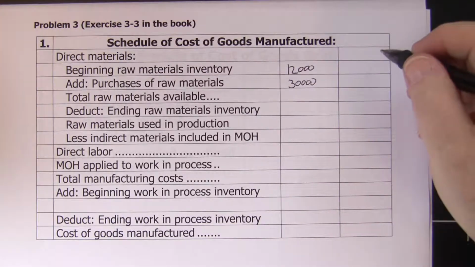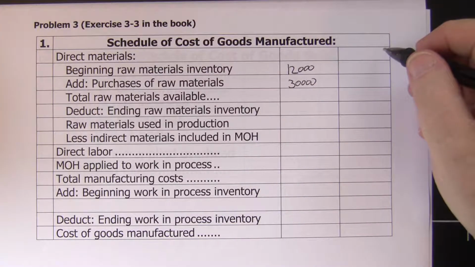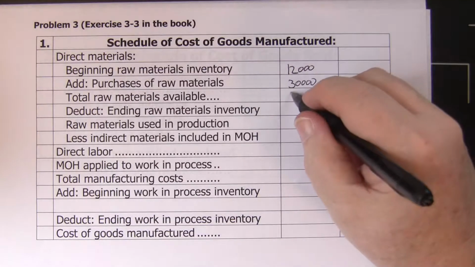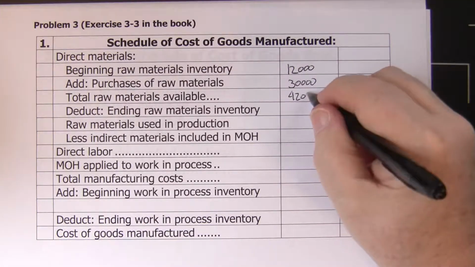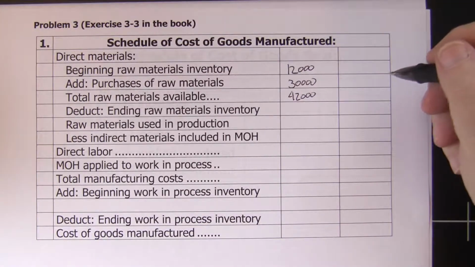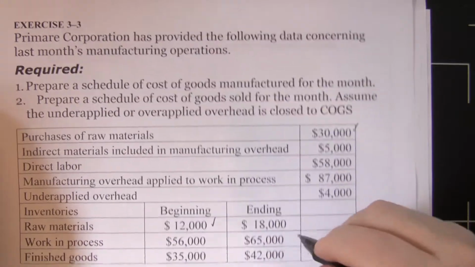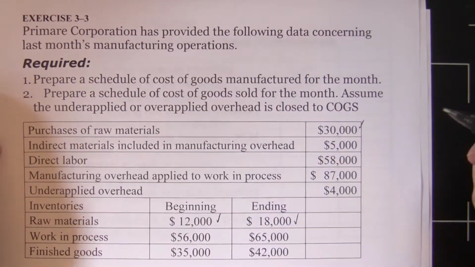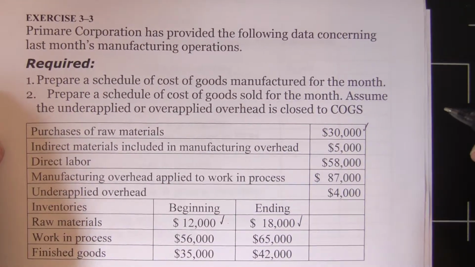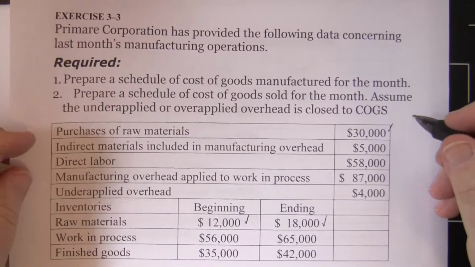So our total raw materials available, a lot like total goods available and cost of goods sold, is the combination of those two, $42,000. Now we have to deduct the ending raw materials, just like we did with cost of goods sold, and we figured that out.